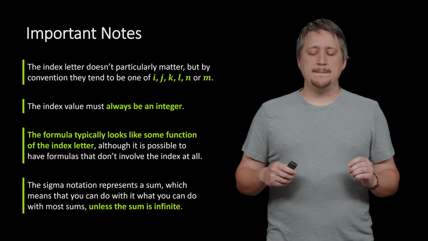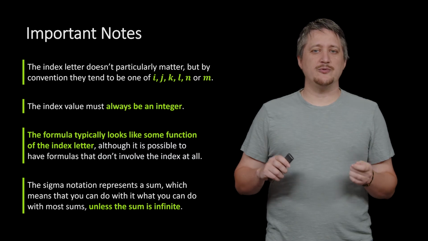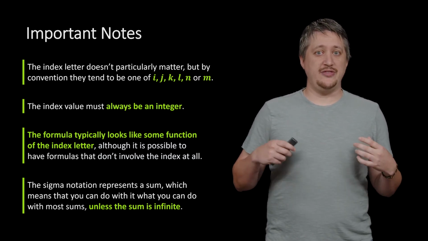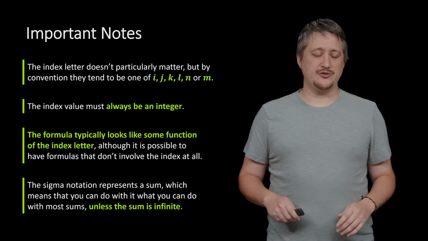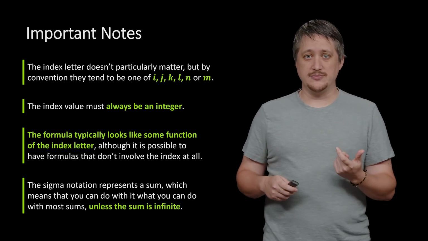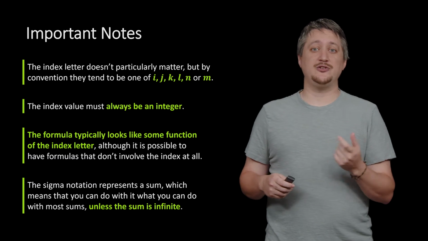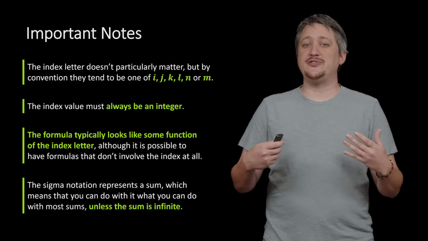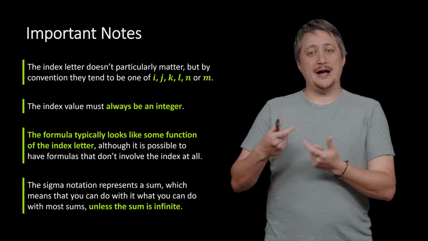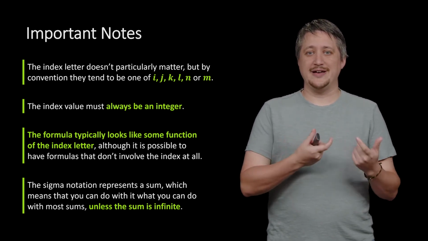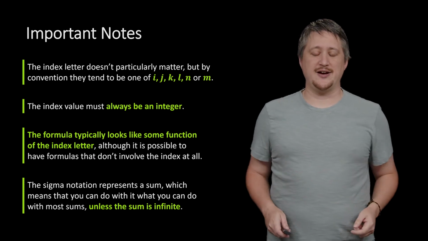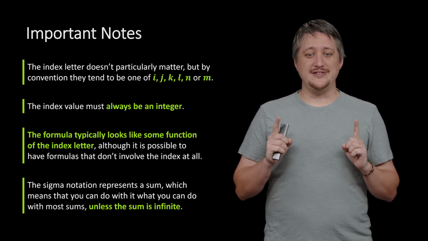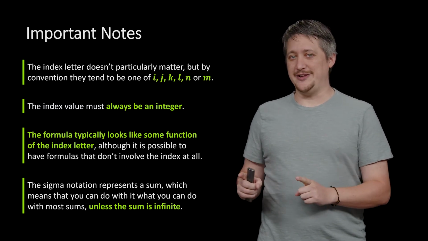Finally, the sigma notation represents a sum, and that means you can do things with it that you could normally do with sums, right? So for example, you can reorder sums. Instead of a plus b, you could do b plus a. It's commutative, is what we say. It's also associative, right? You can regroup how you decide to add them. So you could add different sections at a time. The key thing to know, though, is that this is not true when the sum is infinite.